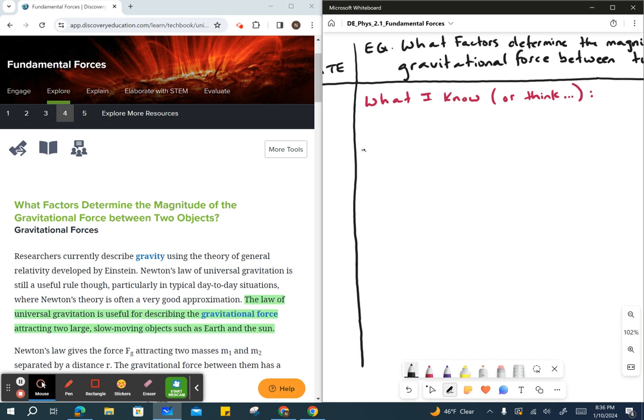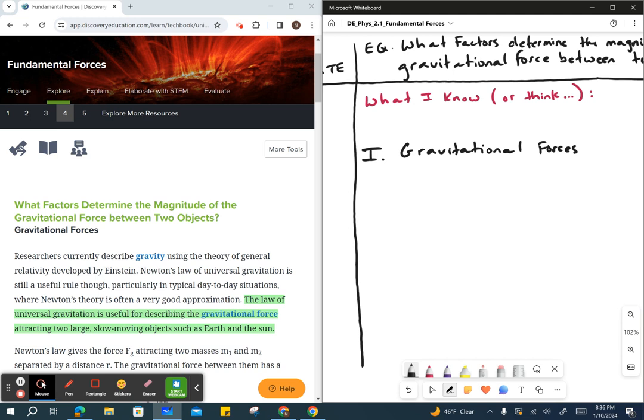So let's start taking our notes. We'll start by writing down gravitational forces. Recall from your previous readings and studies, gravitational forces are an attractive force between two objects.